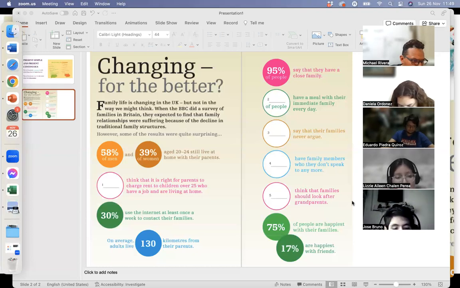Because I don't think the majority of families from Ecuador, at least not so high a percentage, would be charging their kids rent. Yes, the kids might help buy food or help with the household work, but not pay full rent when they're living with their parents. So that's a cultural difference.